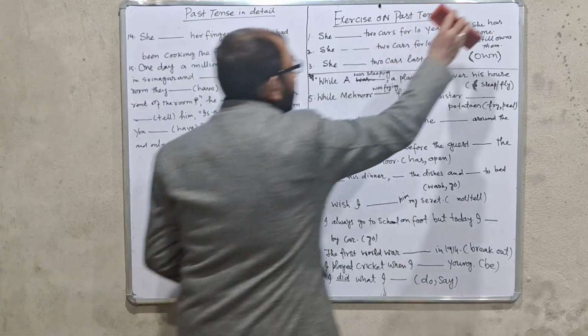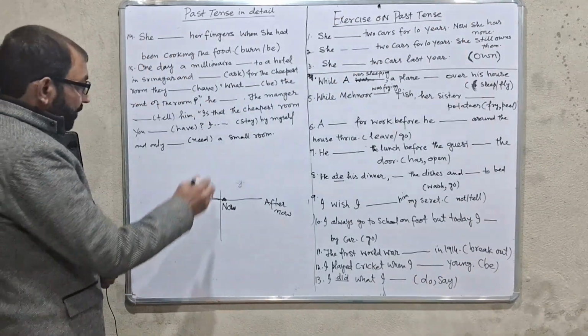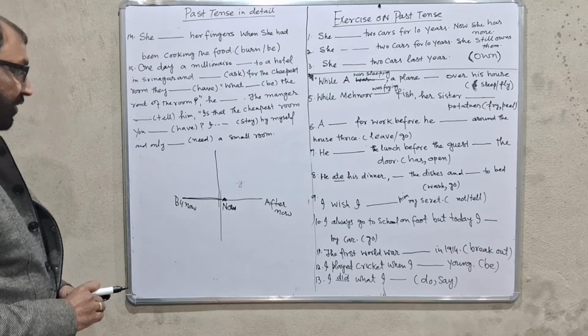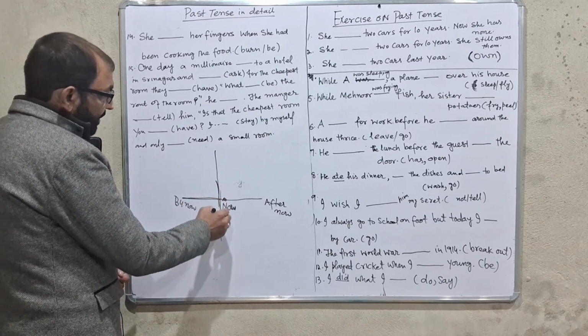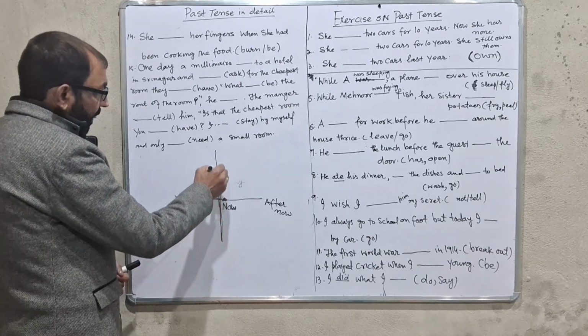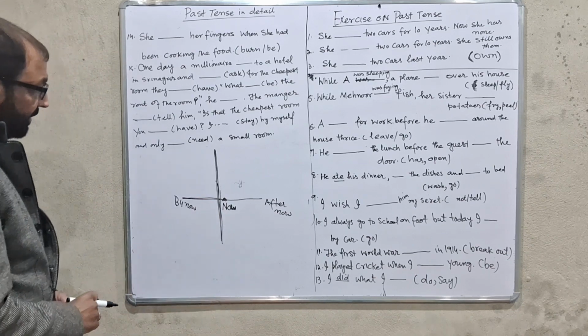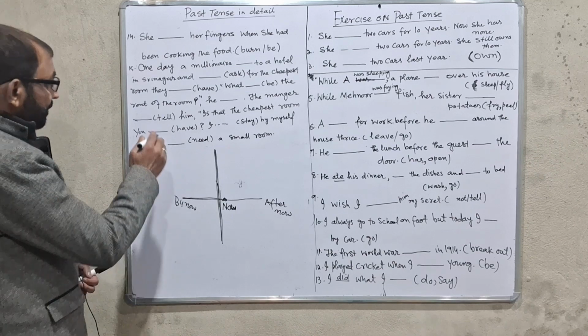Now, second form, that is past continuous, where you see was and were as tense forms and the present participle.